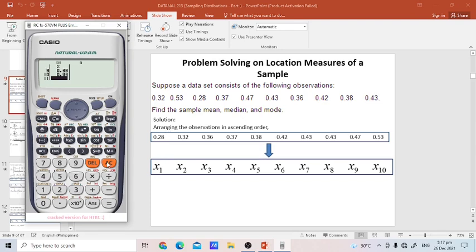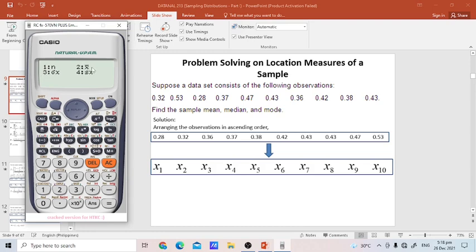Then press AC, then shift 1. Then we have here finding the sample mean. Where can we find the sample mean? Type 4, there we can determine the sample mean.